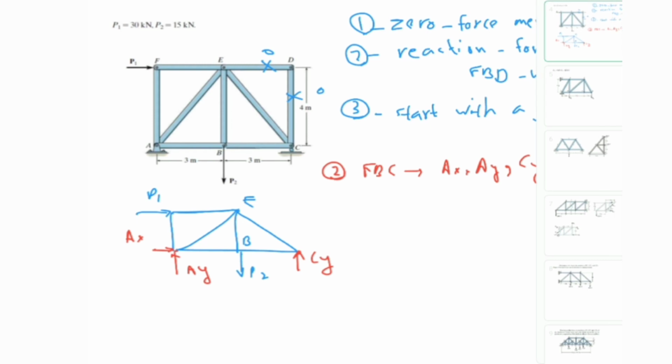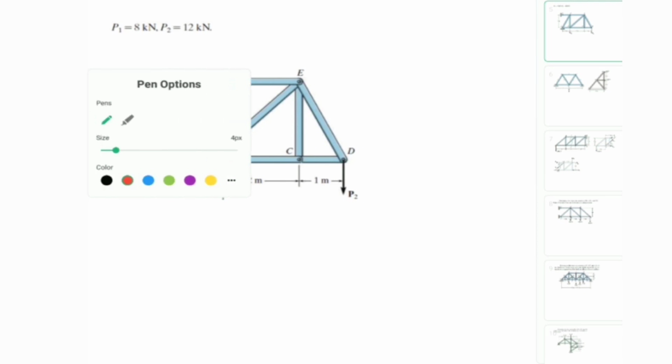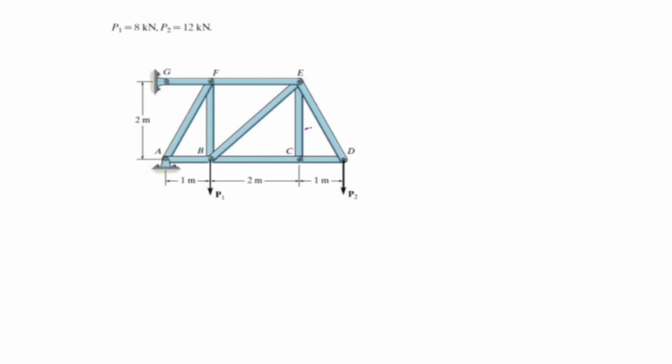Another example, maybe here, the first step is finding the zero force members. I have one here, this is 0, and I don't have any other. Here is one example where you cannot do the free body diagram of the whole system because you get 4 unknowns. If you do that, you have CX, actually CY, and you get AX and AY over here, and you cannot do that.